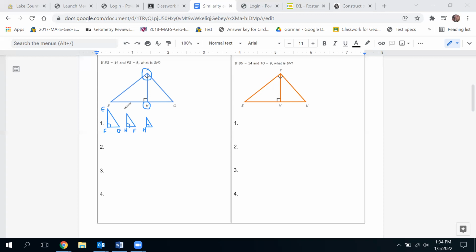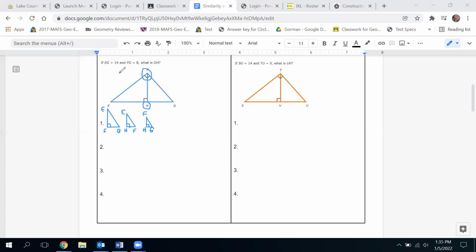And there would be E. Meanwhile, for the smallest triangle, the shortest side is never the altitude itself. So we don't want HF, we want HG down there and the F up there. Okay, so that's how we get that set up.